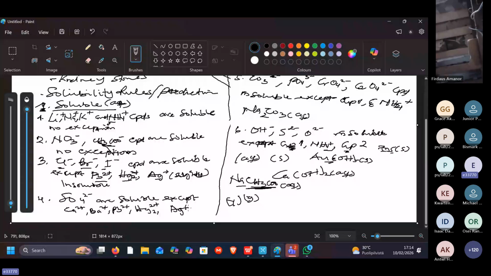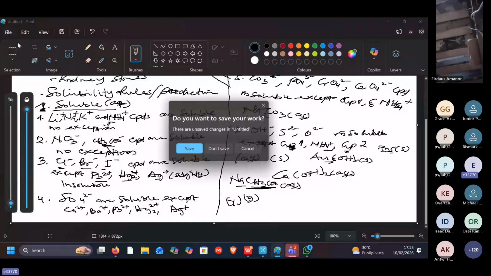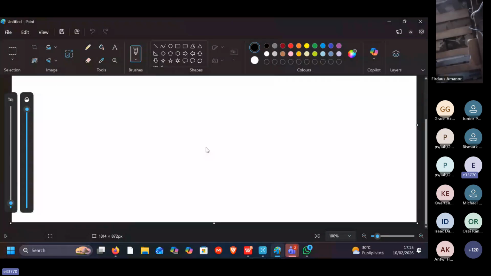Okay, so let's see. I'm going to create another page here. Let's try to give the phases. For example, I have NaCl plus silver nitrate, so sodium chloride plus silver nitrate.